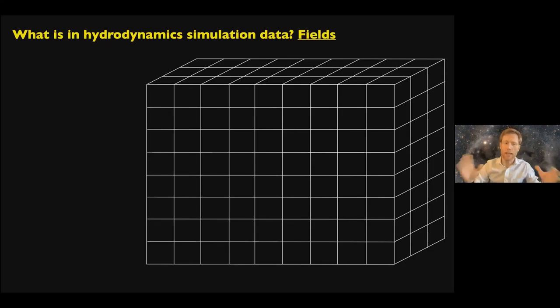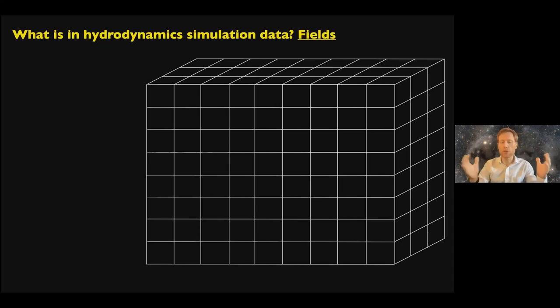Okay, so again, quick review. What is actually in a hydrodynamic simulation data set? Here I've represented it as a grid, but this could equally be a particle-based or a non-regular grid, like AREPO and a moving mesh.